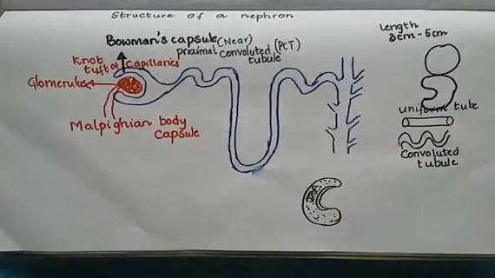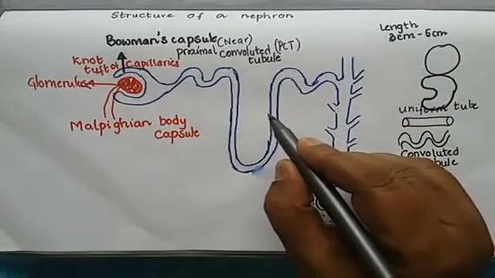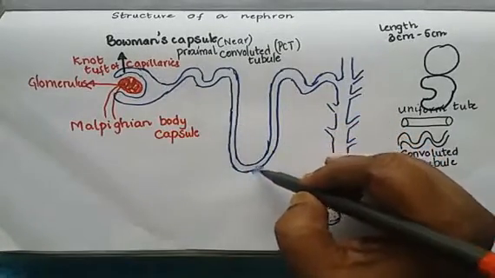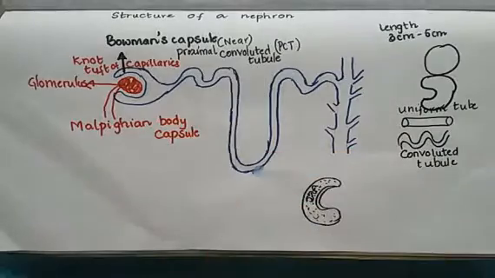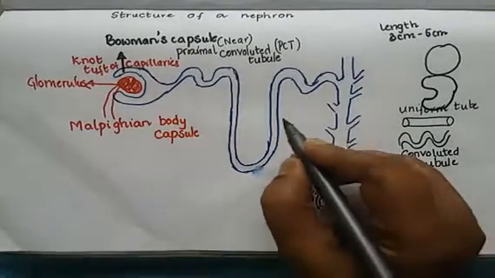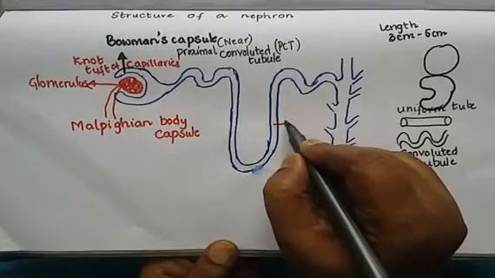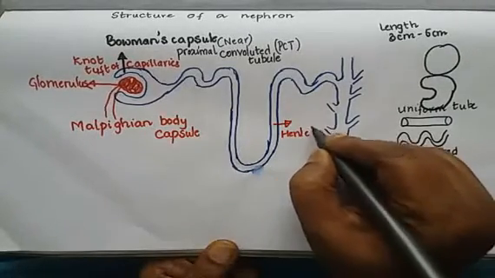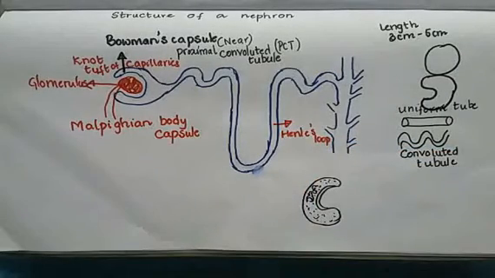The next part of the nephron is a non-convoluted tubule. If you observe this tubule, it doesn't have any twist like the proximal convoluted tubule. It is known as Henle's loop, or loop of Henle.